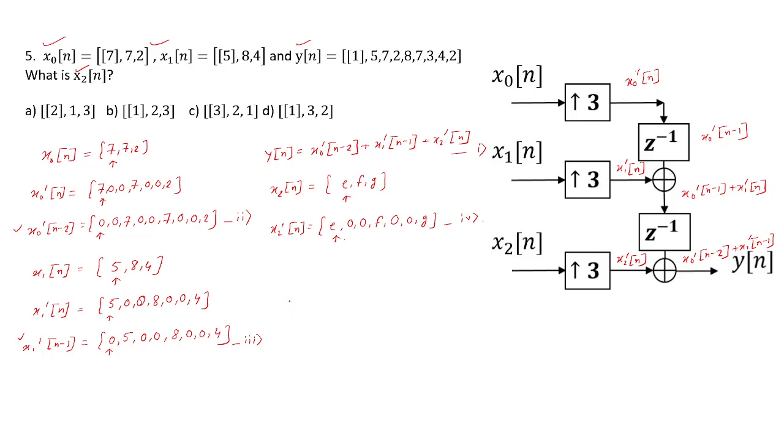So if we add those up, that is 2, 3 and 4, that is x0 dash of n minus 2 plus x1 dash of n minus 1 plus x2 dash of n, we obtain this following sequence.